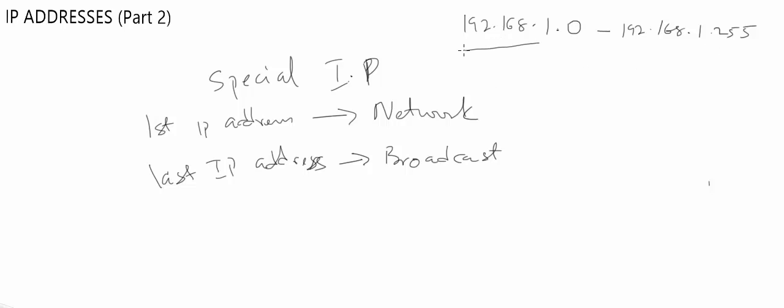Now this is the first address in this network range, and this is the last address in this network range. We don't assign this first address to a system. Why? Because we call it the network address, pretty much like the surname. Everybody in my family bears Bakari because that is the network address. So yes, that's the network address of everybody, the Bakaris.